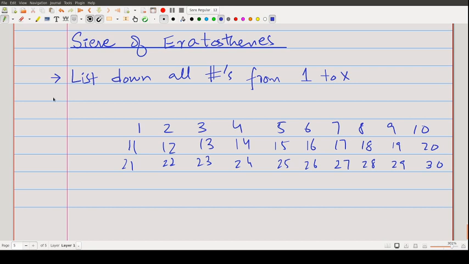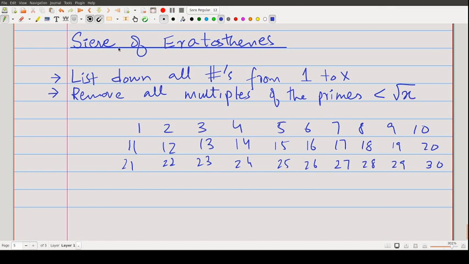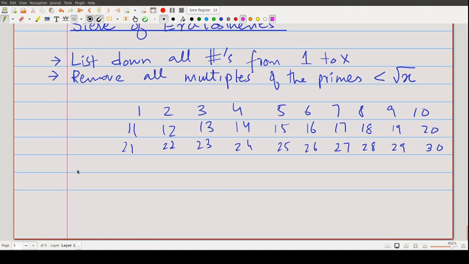The next thing to do is remove all multiples of the primes less than the square root of x. So here's the procedure. The square root of 30 is going to be somewhere between 5 point something.